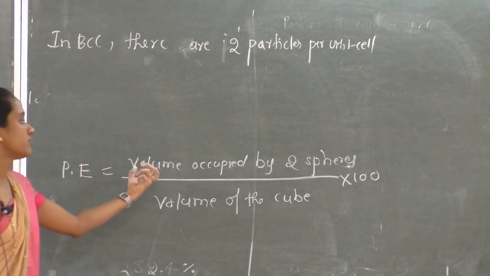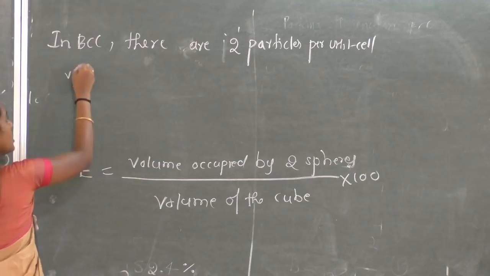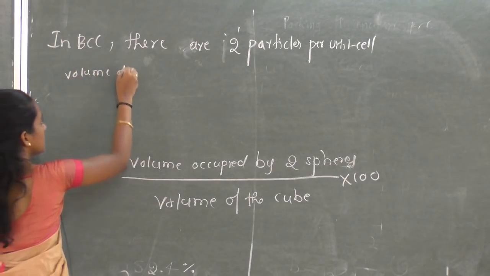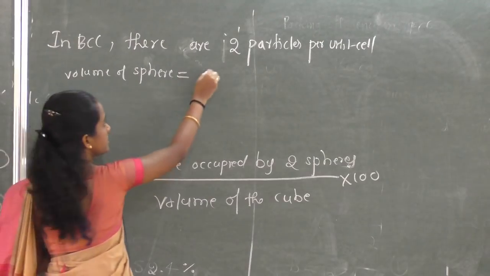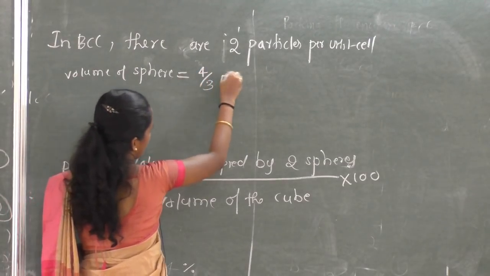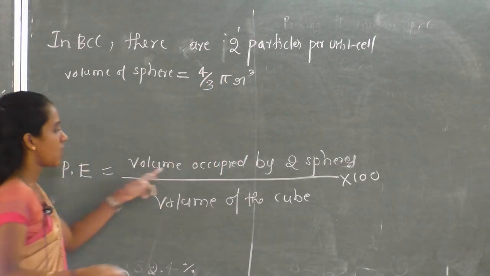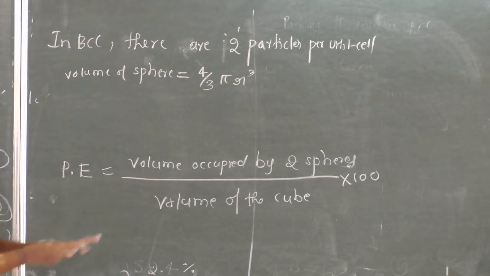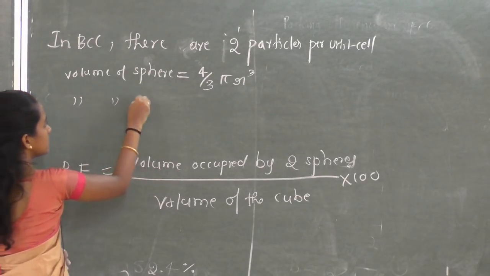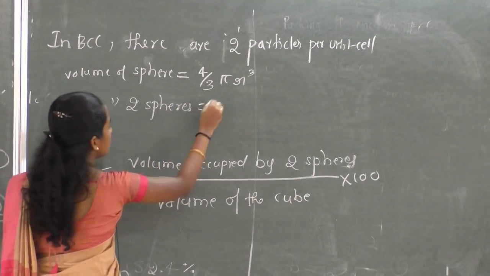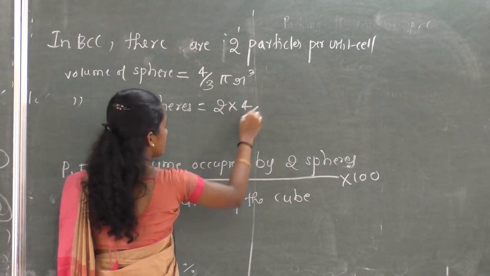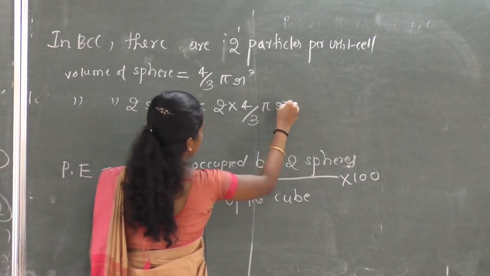So what is the volume of the sphere? Volume of the sphere is equal to 4 by 3 pi r cube. We need the volume of the 2 spheres, so the volume of the 2 spheres is equal to 2 times 4 by 3 pi r cube.